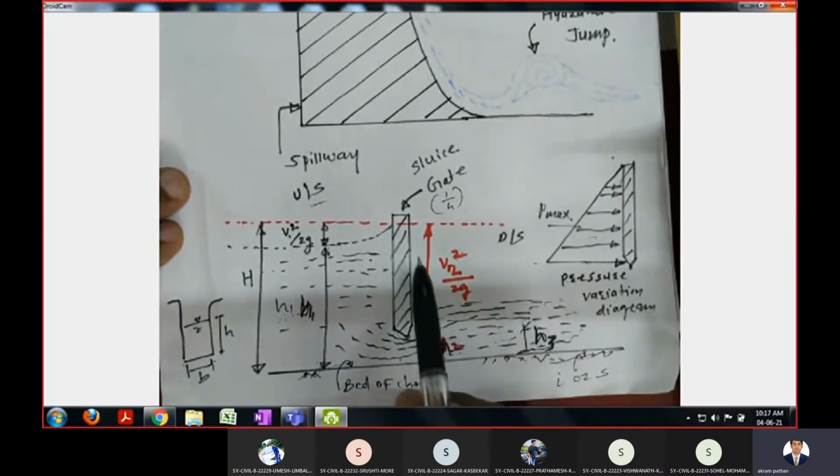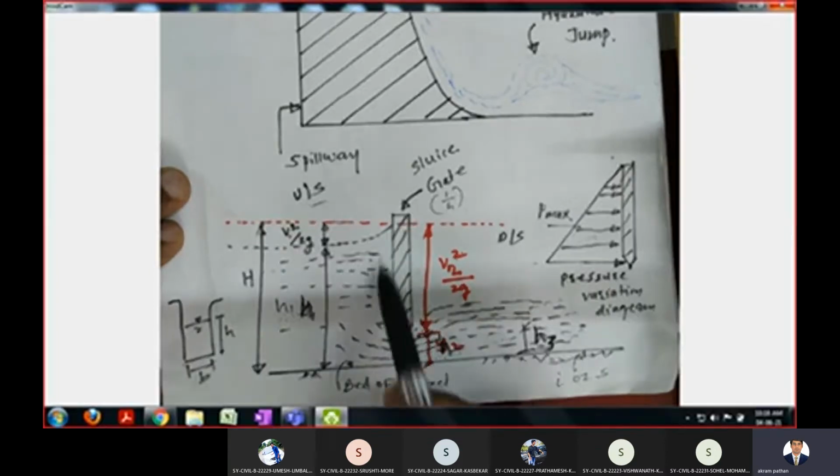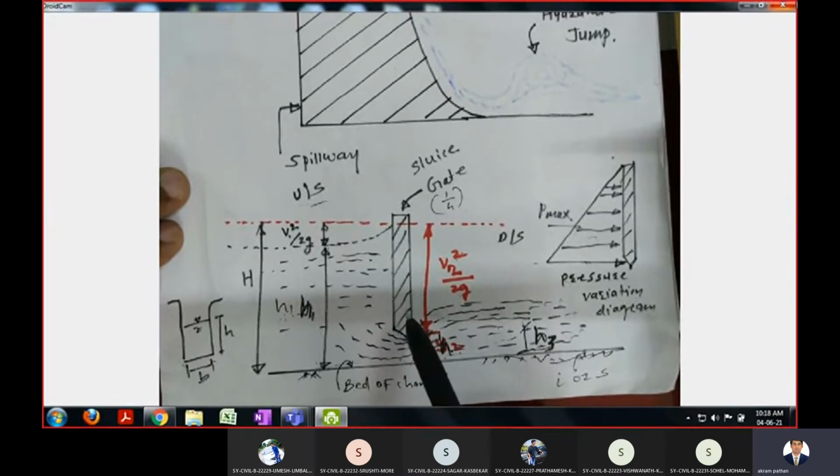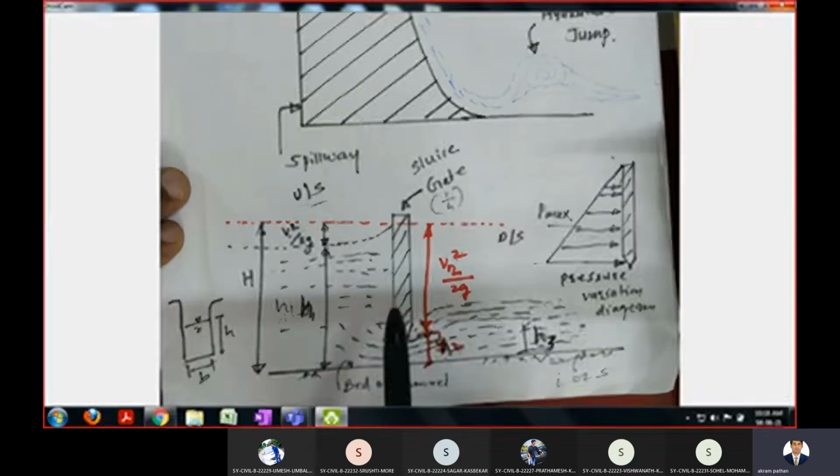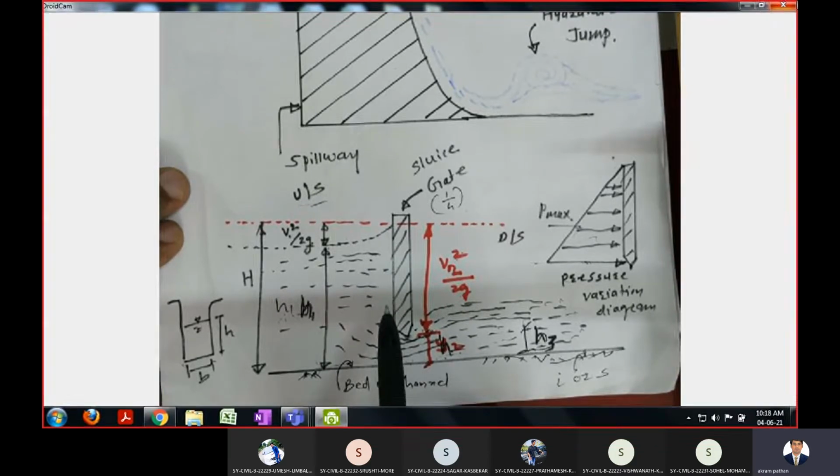Then to fix the dimensions or to design the sluice gate. The design of the sluice gate depends upon 5 hydraulic parameters: specific energy, critical depth, critical velocity, minimum specific energy and Q theoretical.